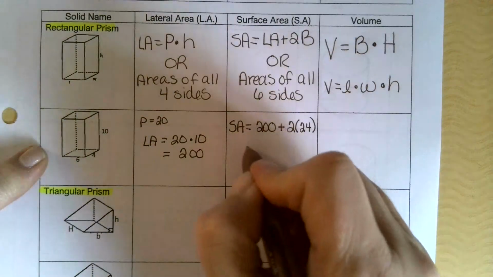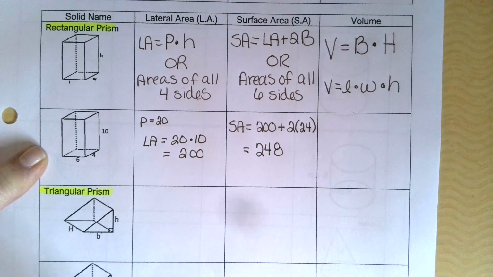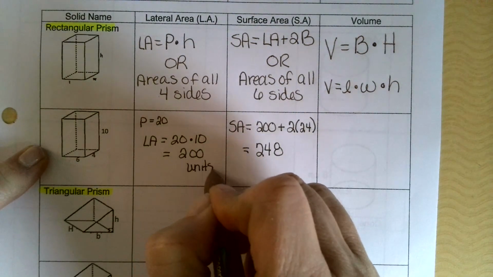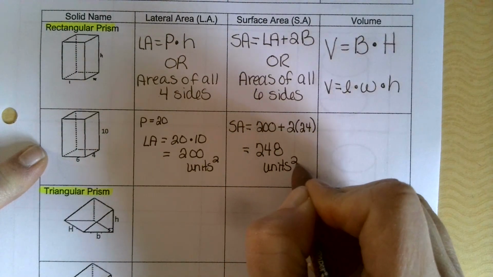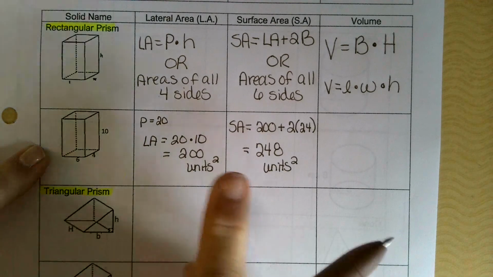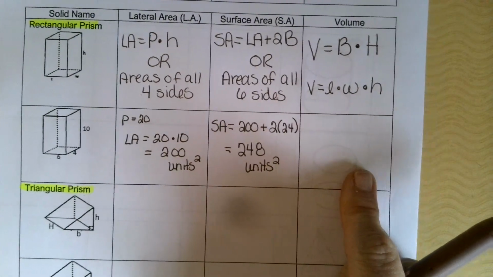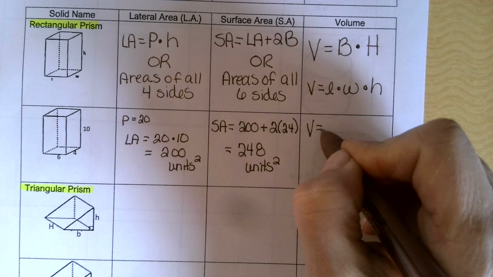So the surface area is going to be 248. Now, this would be units squared. Even though I said don't use it, I want you to know that area is squared, volume is cubed. All right. So volume is the area of the base.